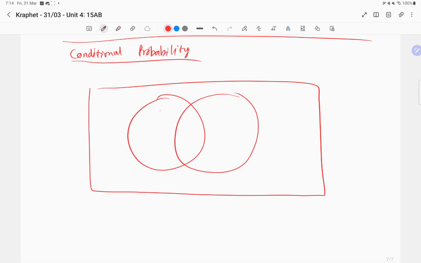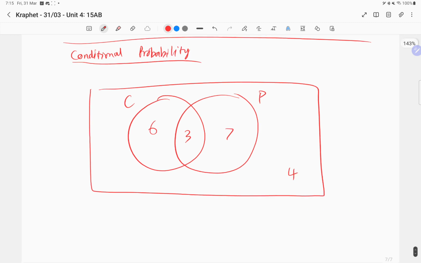There are 6 students doing chemistry only, and then 7 students doing physics only. There are 3 students doing both chemistry and physics, and let's say 4 students doing neither chemistry nor physics. So that's epsilon, the total sample space.